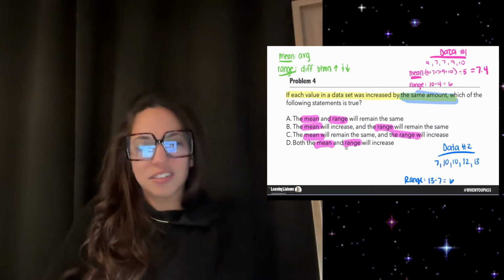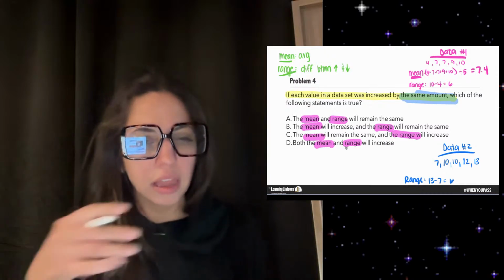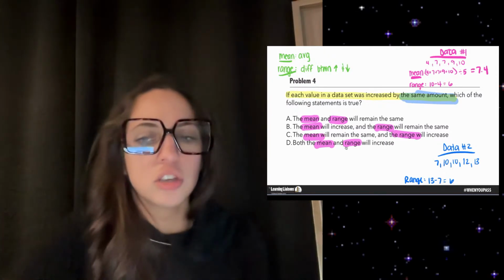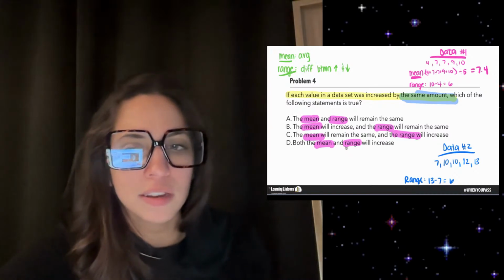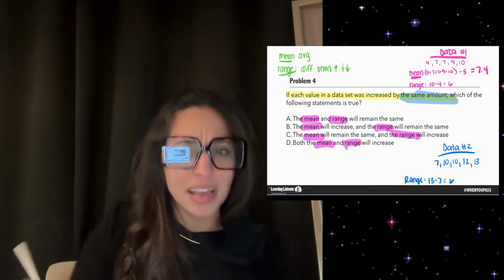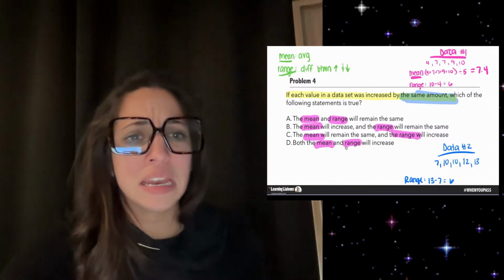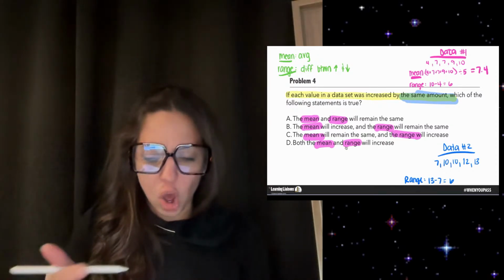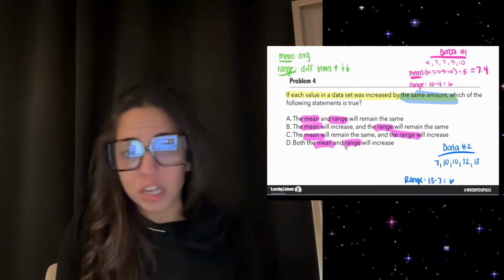Range is the easiest to find between mean and range, right? Like range is easier than mean to find. So now what am I going to do? Now I'm going to look at my answer choices. I'm not going to go and find my mean. I'm going to look at my answer choices and figure out which of them say that the range stays the same.